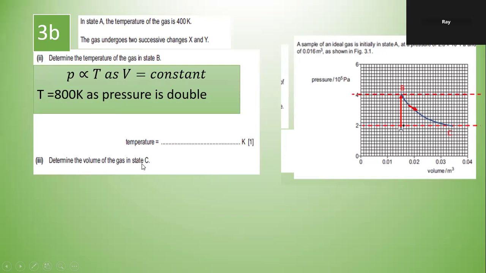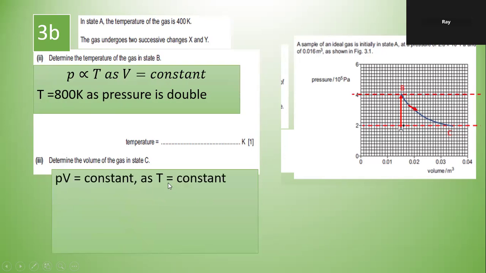Determine the volume of gas at state C. Here T is constant, so PV equals a constant. PB is given, VB is also given.